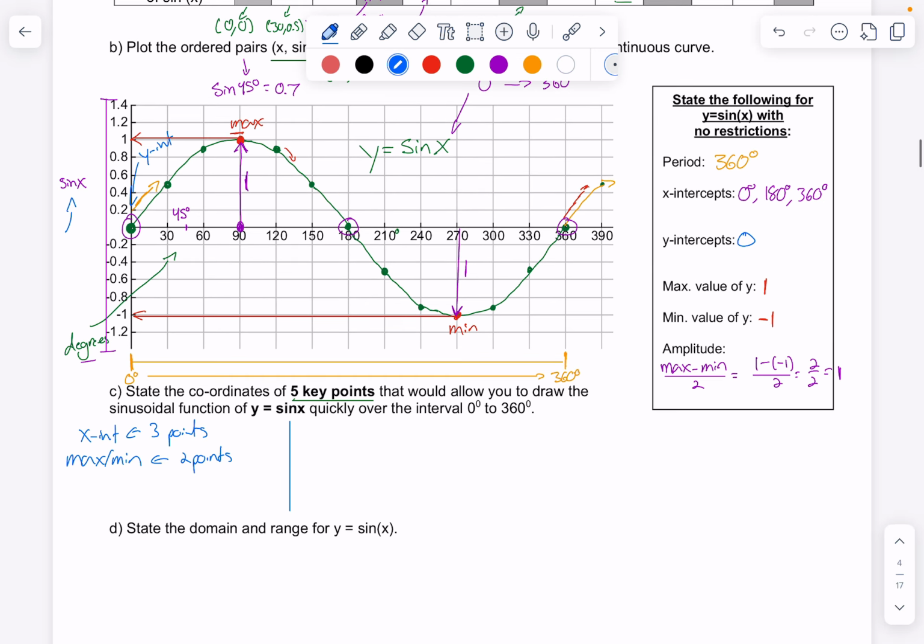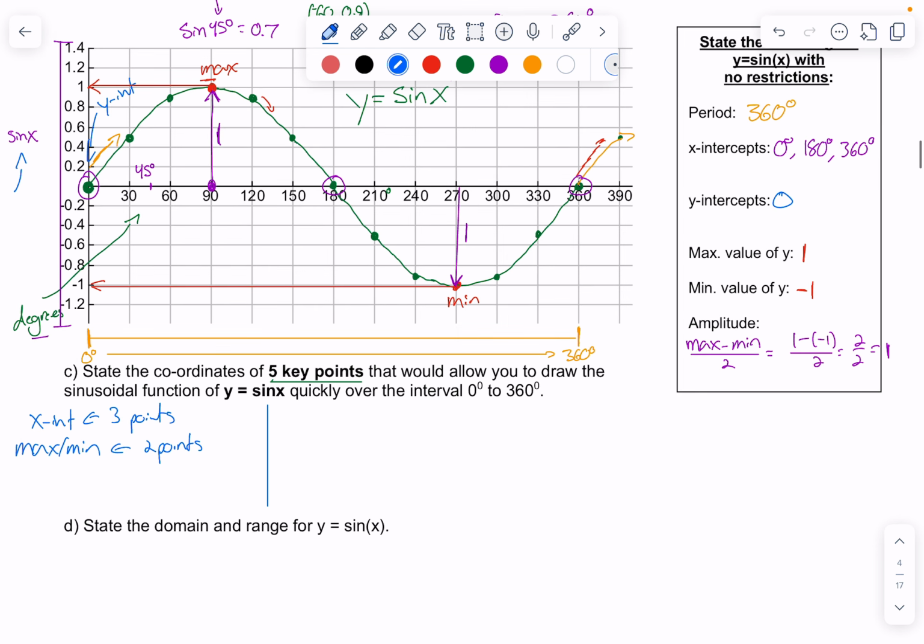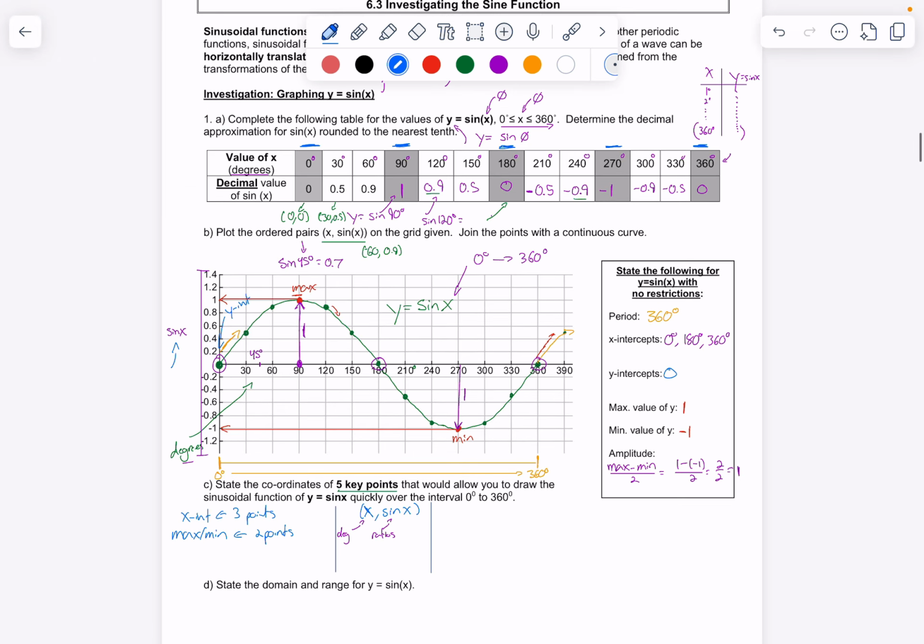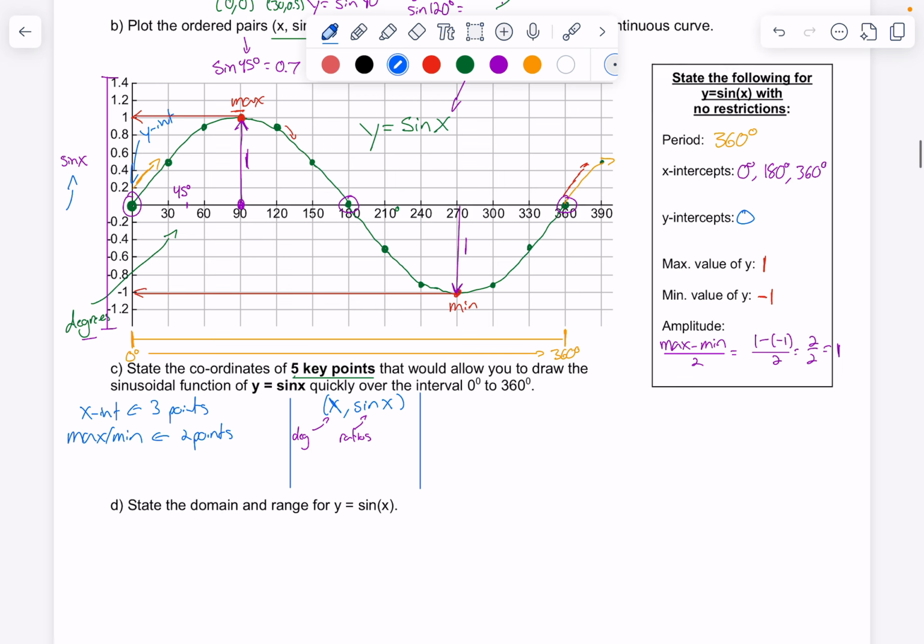So, remember, the points I'm giving you are values of x, and you're giving values of sine x as your y coordinate, right? So these are the degrees, and these are your outputs, your ratios. So the 5 key points, if I was to give it to you in that format, well, the first one is 0 degrees and 0.